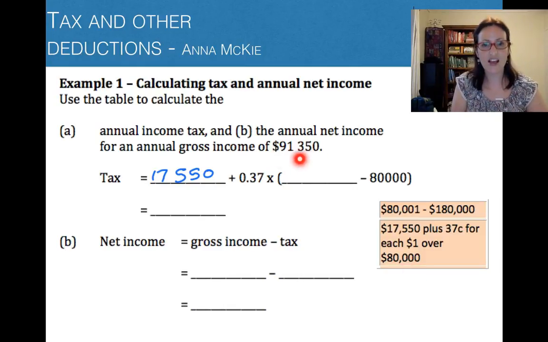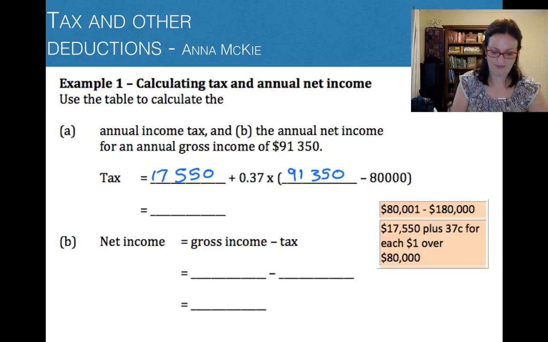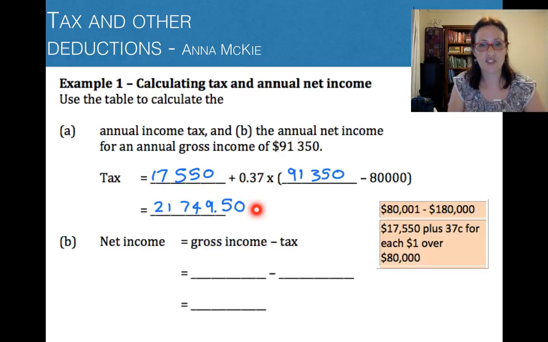So you put the annual income here, 91,350, and you'll be subtracting off 80,000 to find out how many dollars over 80,000 we have to be charged 37 cents in the dollar. So get your calculators out and work that out. I'll assume you've done that, and the answer would be $21,749.50. That's how much tax for the year.